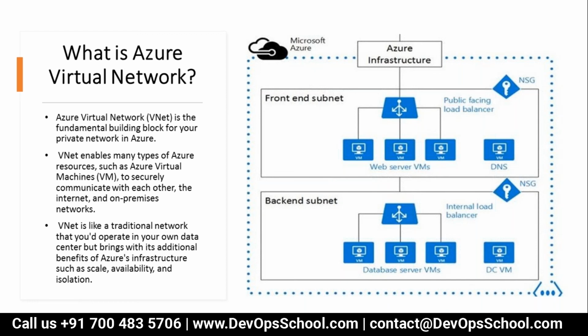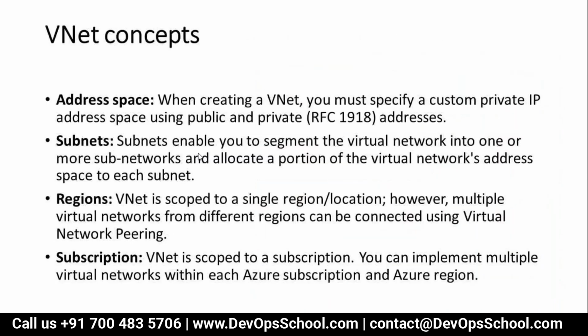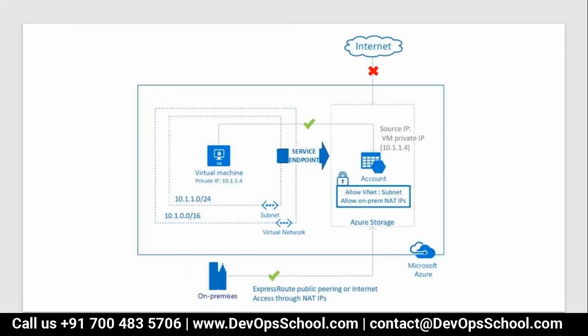If you want to connect one server to another server, you require VNet in the cloud. Clear? Address space, subnet, region, subscription: you should have a subscription, then only are you able to create resources. Also you have to select regions, subnets, address space. When we create it, I will explain all this.